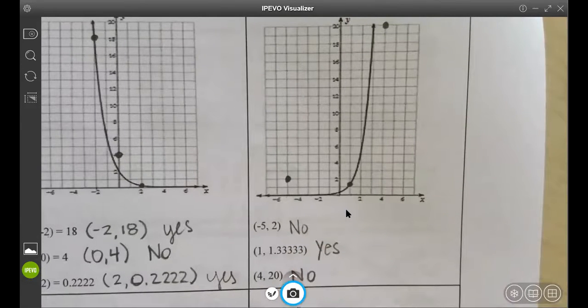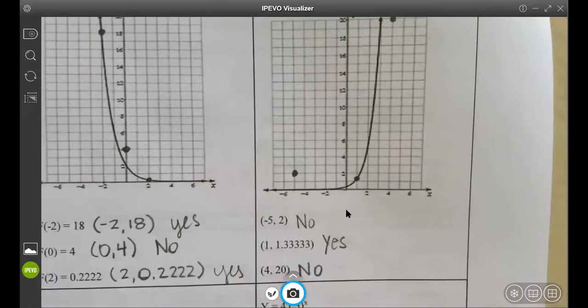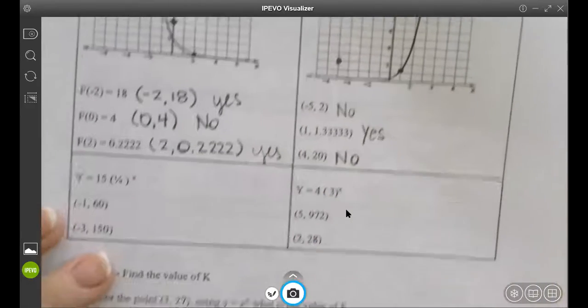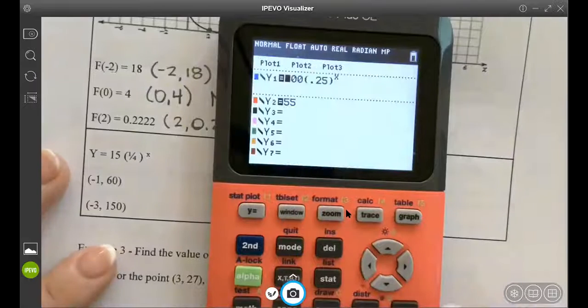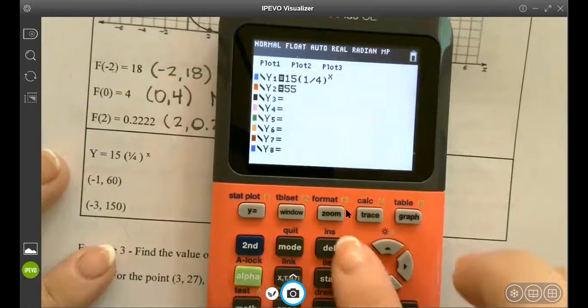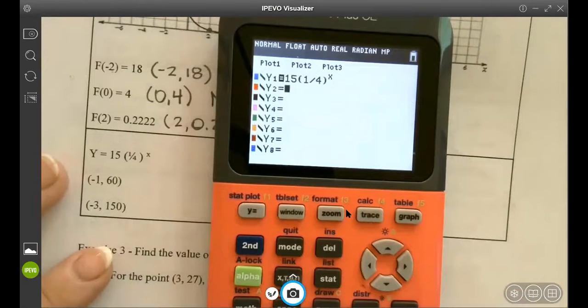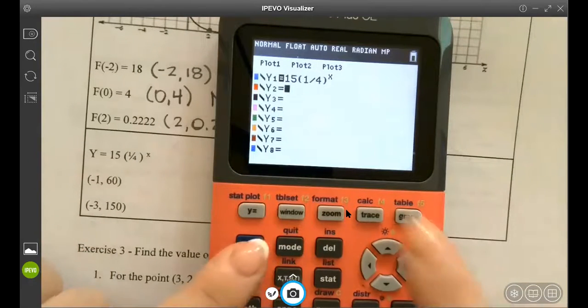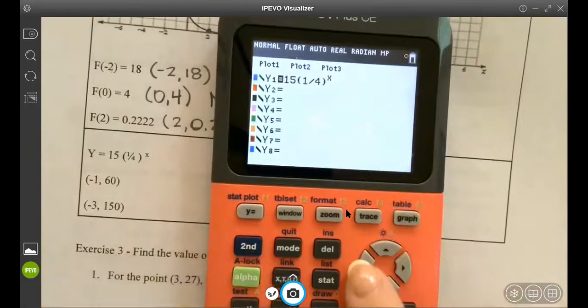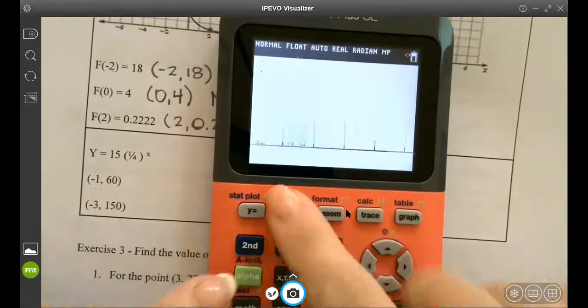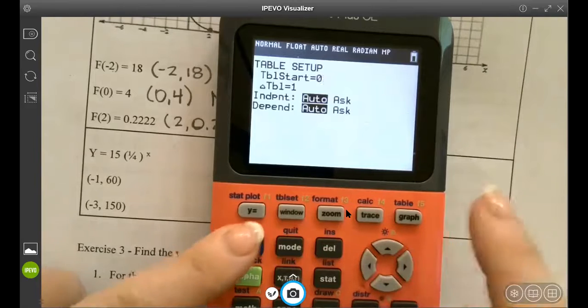So they do the same thing with the function. They just want you to put it in the calculator and check the table. Okay, so look at your next one. They didn't graph it. They want you to, but you don't have to graph. We have 15 parentheses 1/4 to the x. You shouldn't have anything in y2. We're going to look at the table. So second graph. And I'm really far up, so let me get my table start to 0.